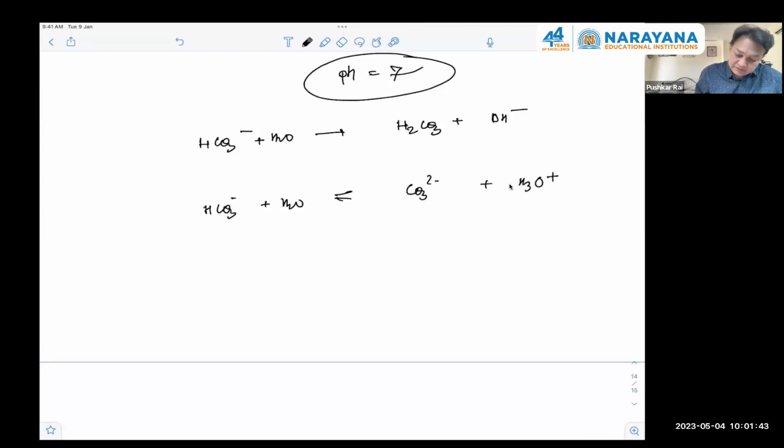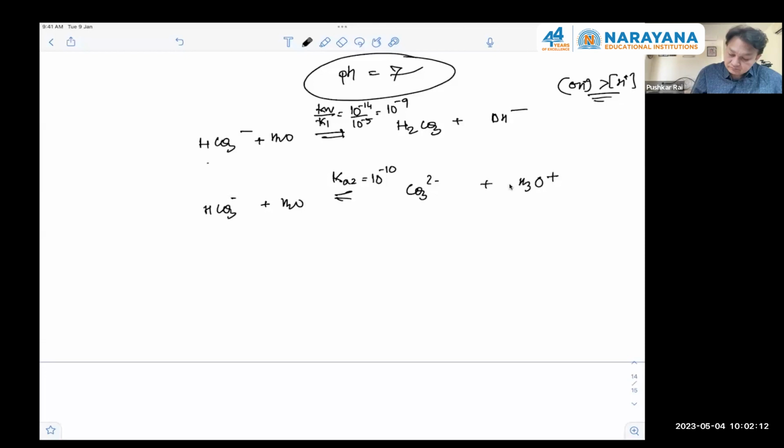And you very well know the equilibrium constant of this one is Ka2, which is approximately 10 to the power minus 10, and this equilibrium constant is Kw upon K1, which is 10 to the power minus 14 divided by 10 to the power minus 5, which is 10 to the power minus 9. So it is absolutely sure that OH negative will be more than H plus at any cost.